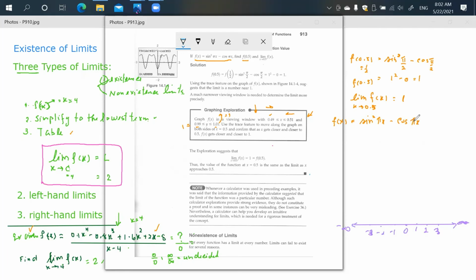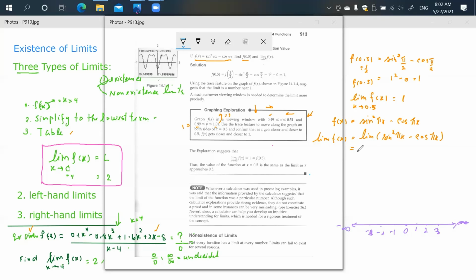So I want you to use the properties of limit. I take the limit of both sides. So I write down limit of f of x equals limit of sine pi x squared minus cosine pi x.